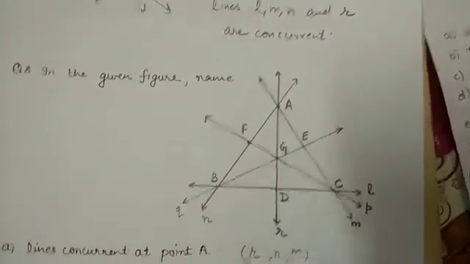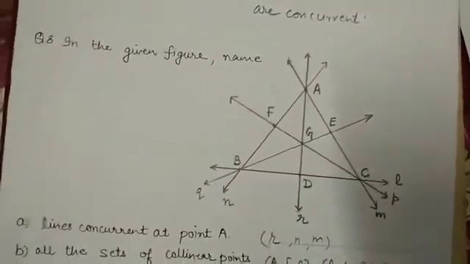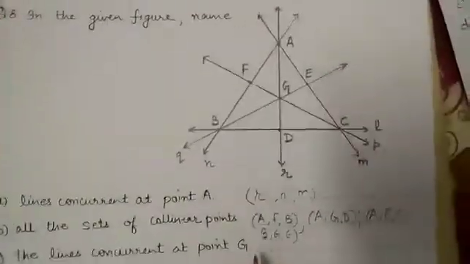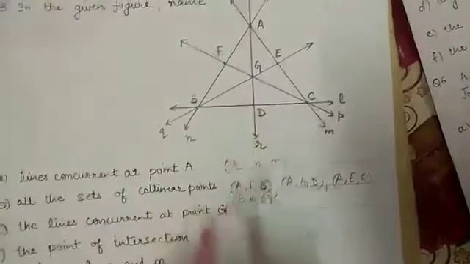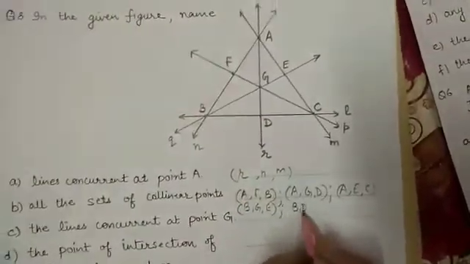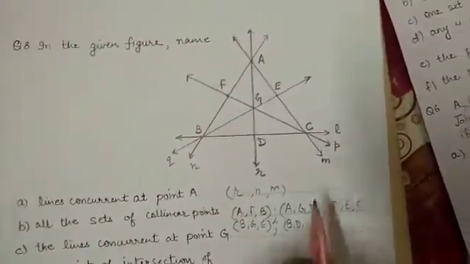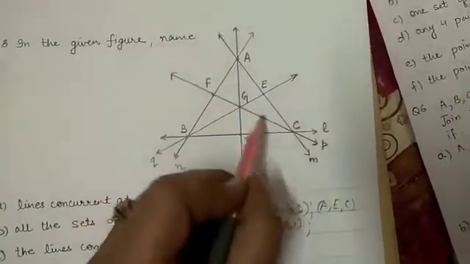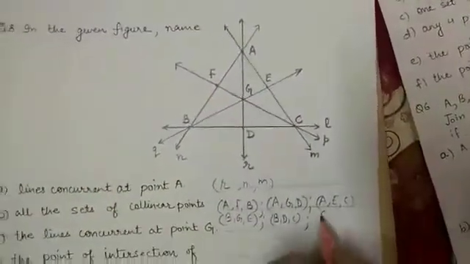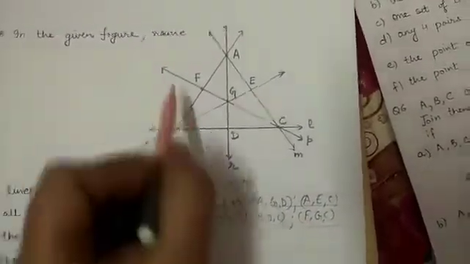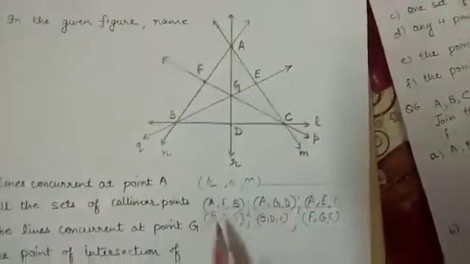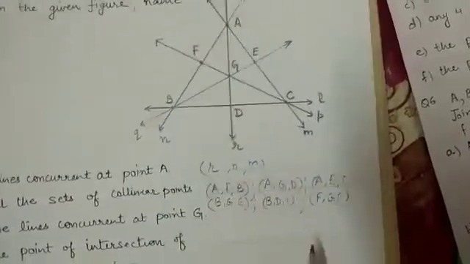B, G, E. Next B, D, C. One more F, G, C. So there are total 6 sets.